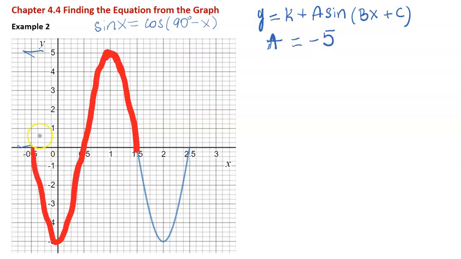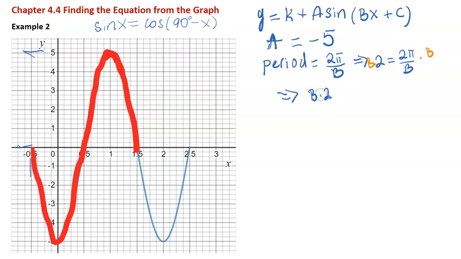The period is 2, from -0.5 to +1.5. So we can use the equation period equals 2 pi over b to find coefficient b. 2 is equal to 2 pi over b. Multiply both sides by b. b times 2 equals 2 pi. Therefore, b is equal to pi.